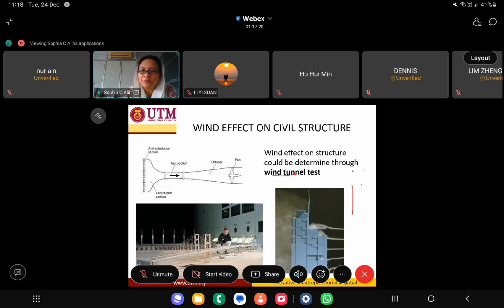For example, if I'm going to design my structure, the code gives me the pressure coefficient on this level, this level, this level, and also if I have a roof, the pressure coefficient on this roof. But if your structure is not safe to use the pressure coefficients given by the code, it is recommended for you to go through a wind tunnel.